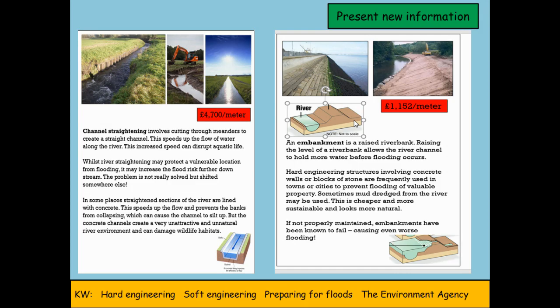This is 1,152 a metre, but I'm sure if you were to just dredge, it would be a lot cheaper, because you're using materials that are already there. You're not having to get man-made materials shipped in from somewhere.